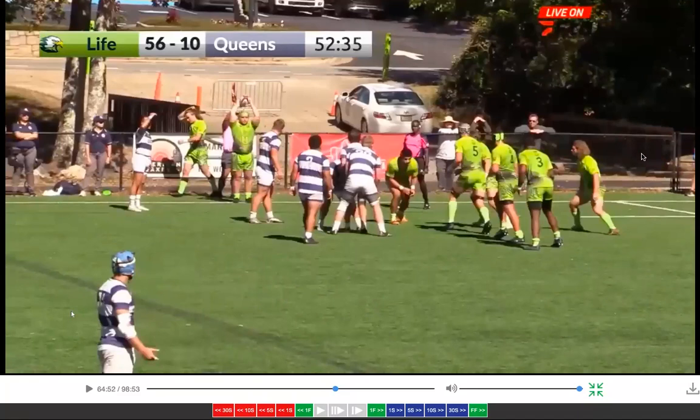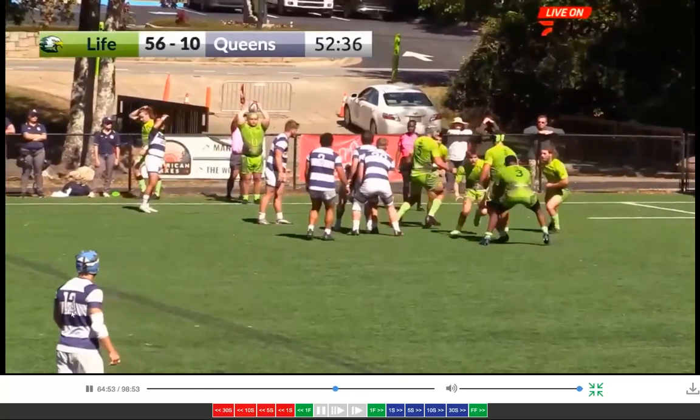Anybody know the law definition of maul? One player from each side engaging with the ball carrier. Yes. You only need one attacker, one defender, and one ball carrier. So typically you need two attackers, but yep, 1-on-1. Thank you, Toronto.